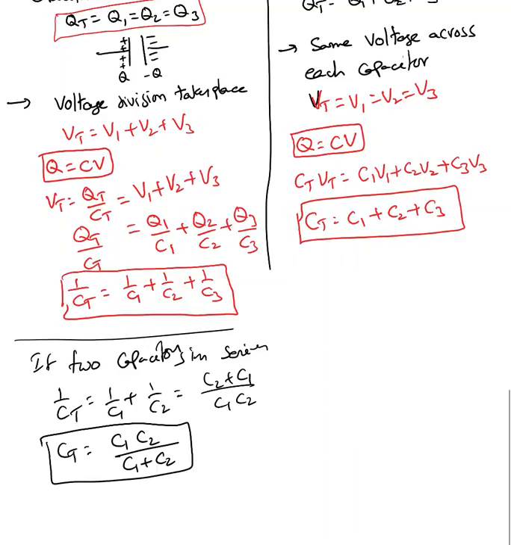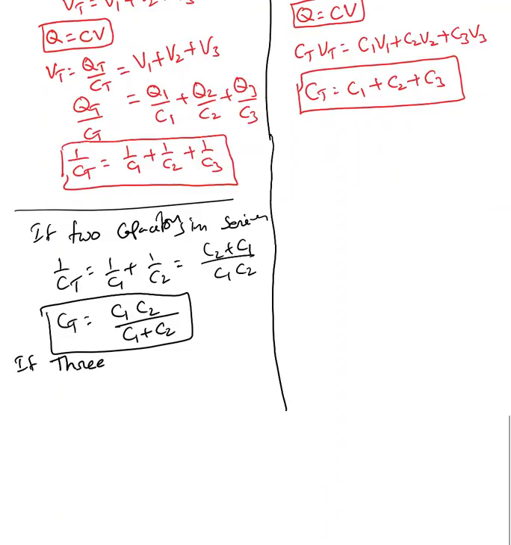So if two capacitors are in series, this is a common formula I'm going to use. I always get confused because if you remember, if resistors are in series, it's a direct addition. If resistors are in parallel, we do the inverse. So that's the reason I'm also a bit confused, or say it in the reverse way.